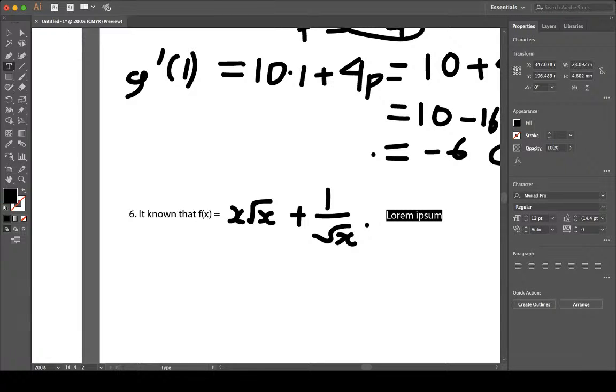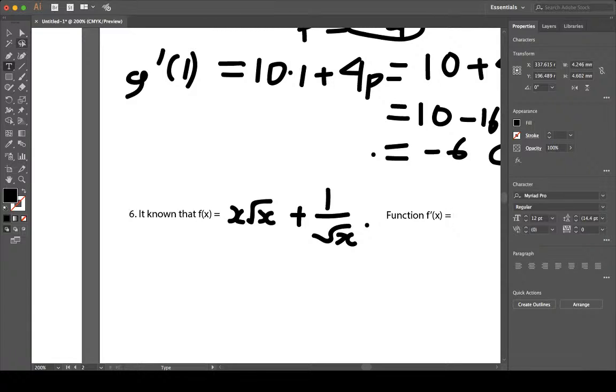Oh wait, no, sorry, there's still more. So function f prime of x would equal to something. How to find this? This is the same thing as before. We transform all of the things into powers, because we are still talking about some arithmetics.